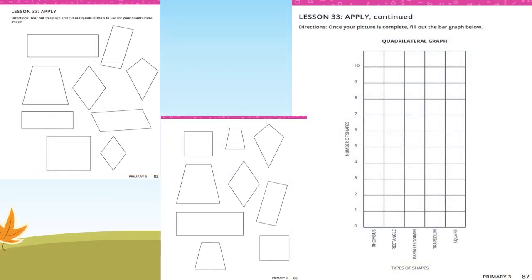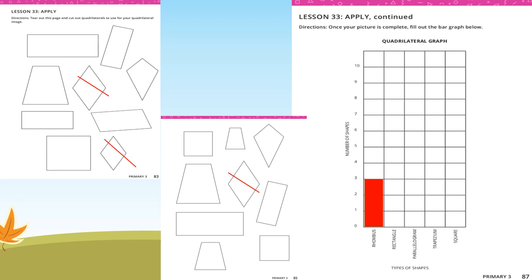Here we have two pages filled with shapes. And we have here on page 87 a graph that shows the number of shapes: rhombus, rectangle, parallelogram, trapezium, and square. Let's start with rhombus.